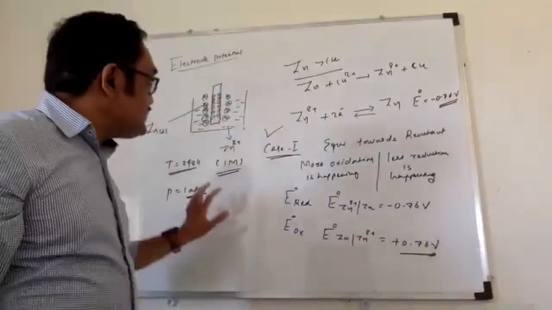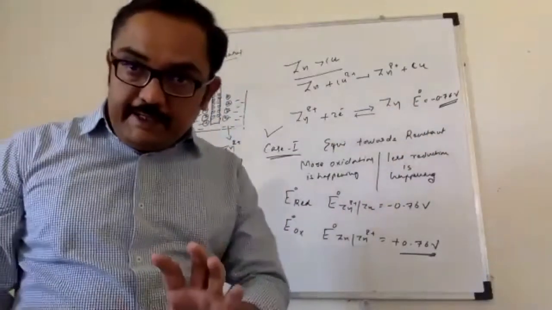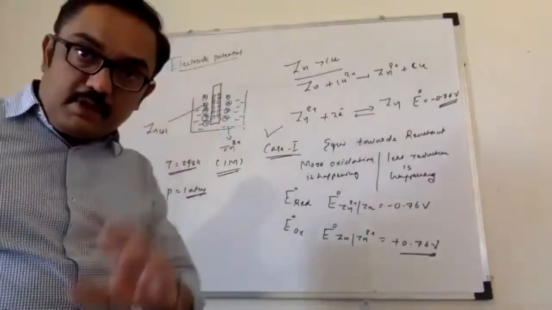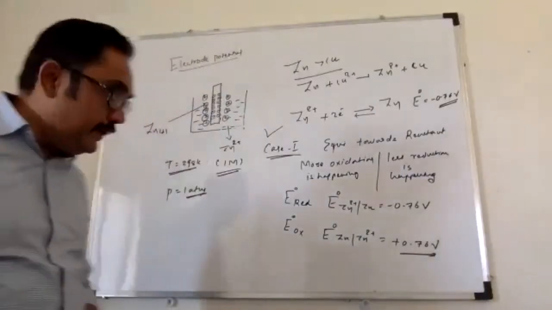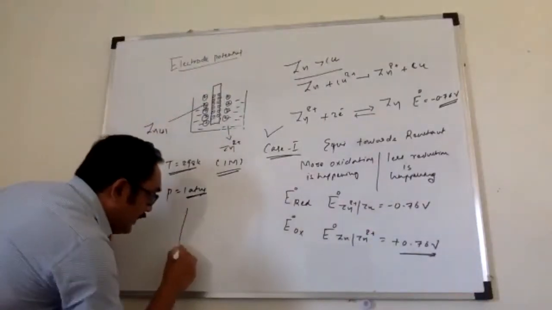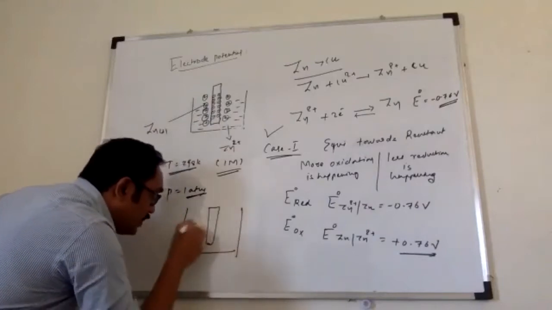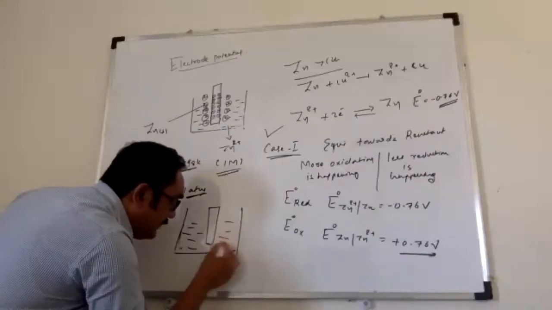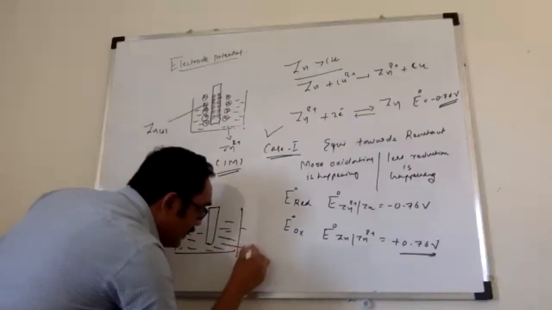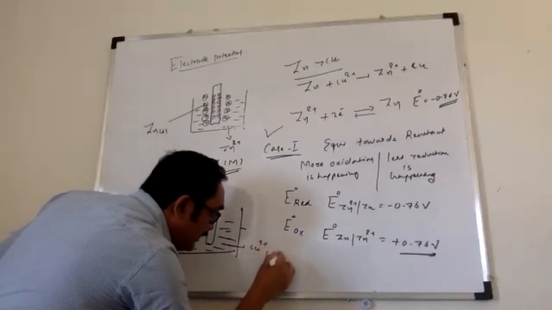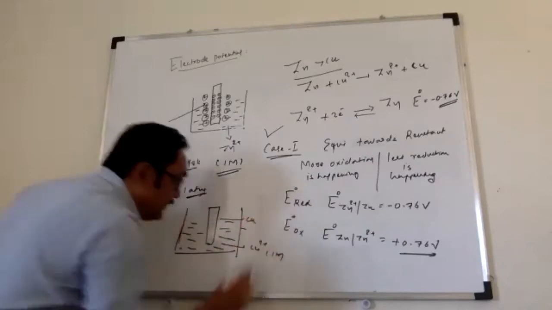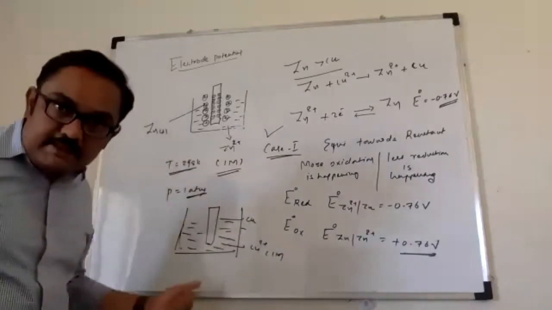Now the same system, if I do it for copper: let's say a copper rod is kept in copper ion solution, and the concentration of ions is kept 1 molar. The copper ions are 1 molar, and there is a copper strip, also in standard condition.